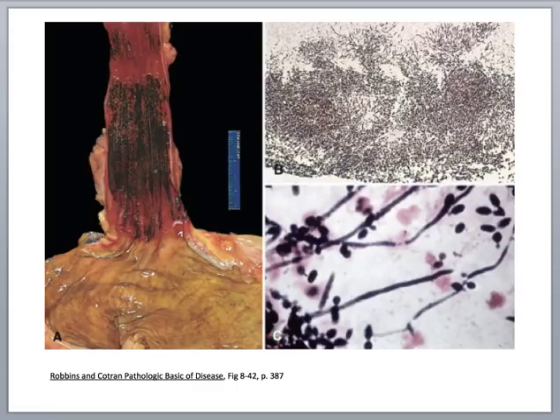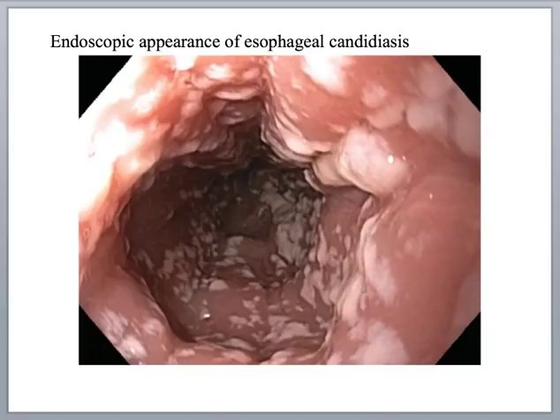And panel C shows a high power view of what the yeast and pseudohyphae of Candida appear as. The next slide shows the endoscopic appearance of esophageal candidiasis. Typically, these are white superficial plaques that are usually easily scraped off the surface.